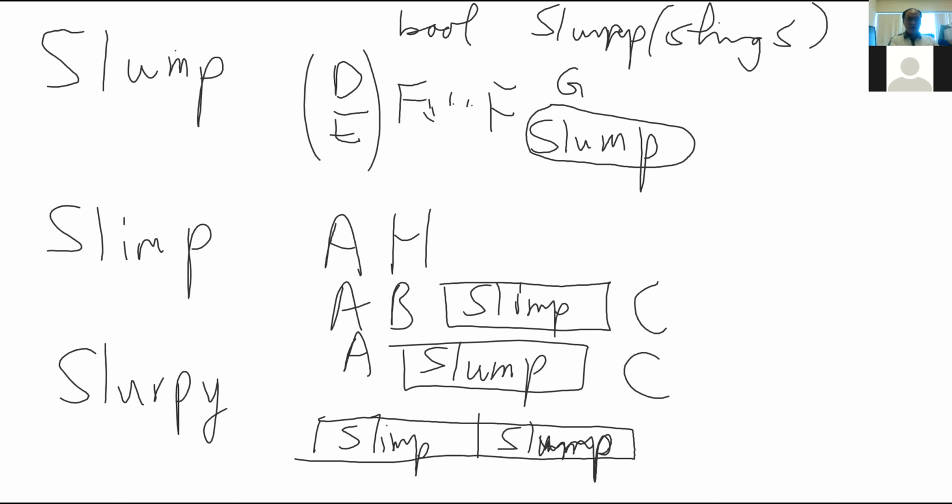And that's a Slurpy. Okay, now, this is not the most efficient way of doing things, right? Because you might end up looking at the same substring over and over again in different ways. But because the number of characters here is only 60, that's definitely sufficient.